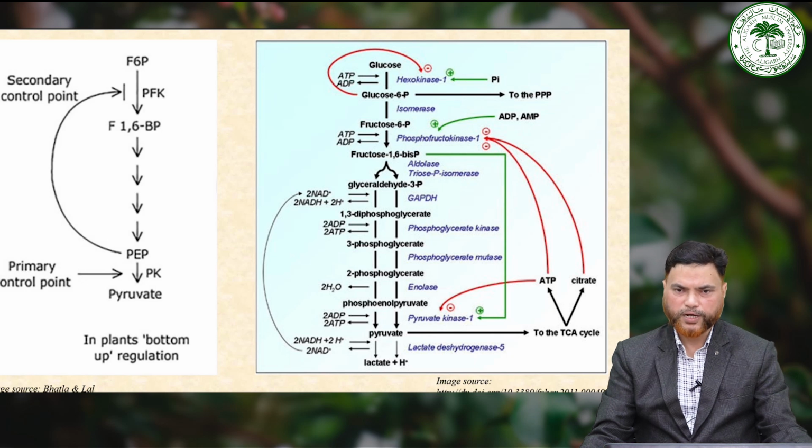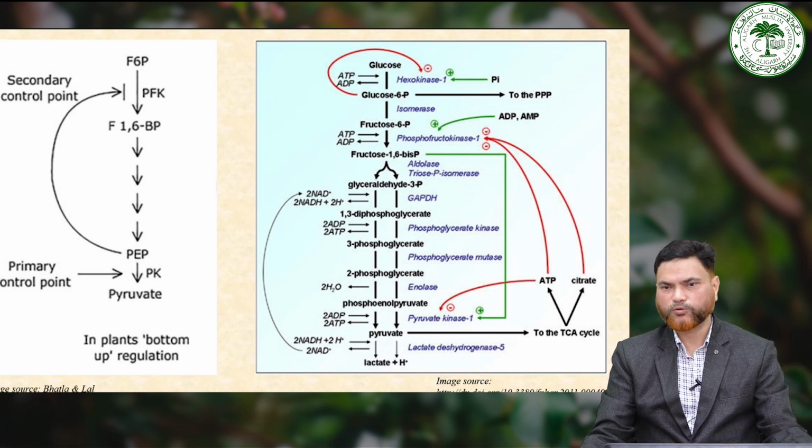On the other hand, pyruvate kinase is basically activated by fructose 1,6 bisphosphate, a glycolytic intermediate. This activation occurs when glycolytic intermediates are present in abundance, signaling that there is a sufficient supply of substrate for the process of glycolysis.